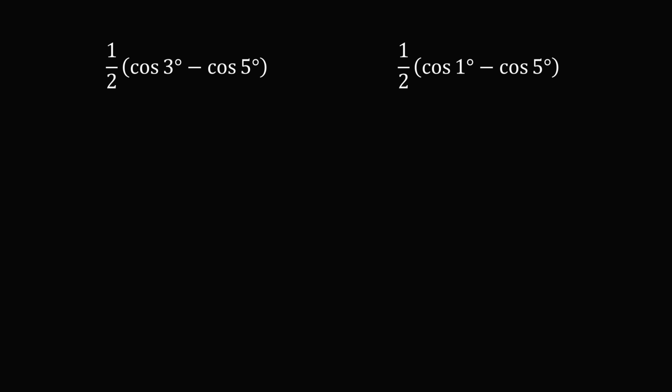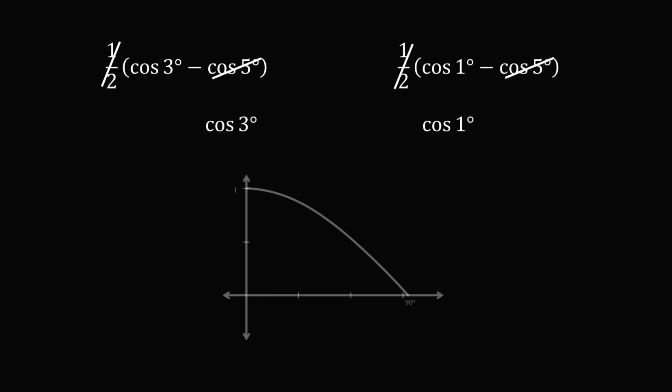Now, we can multiply both sides by 2, or cancel out the 1/2 without altering which side is greater, and we could add cosine of 5 degrees to both sides without altering which side is greater. So we just need to compare cosine of 3 degrees and cosine of 1 degree. But that's easy to do. So between 0 and 90 degrees, cosine is a decreasing function.